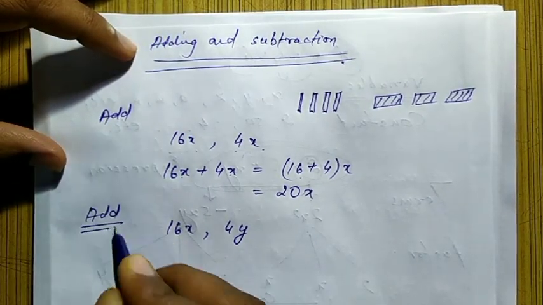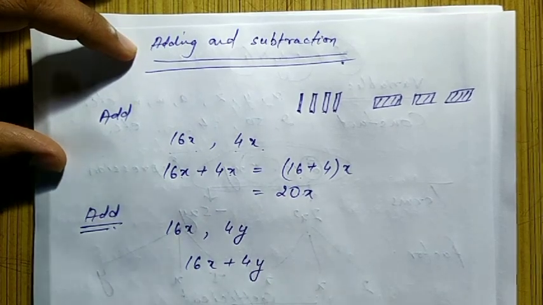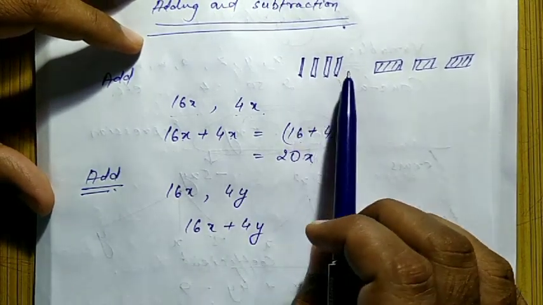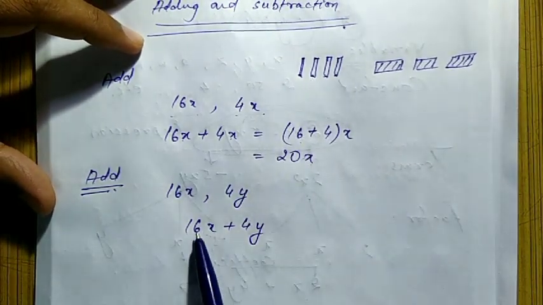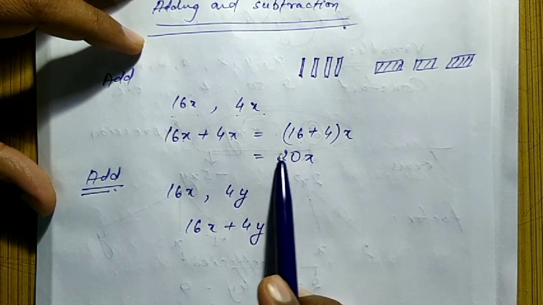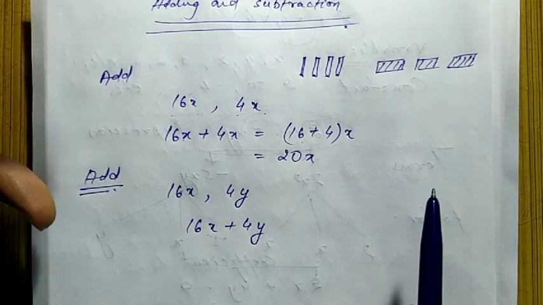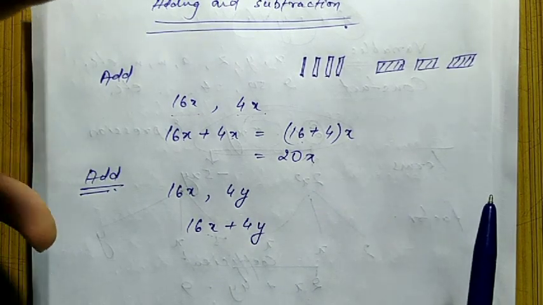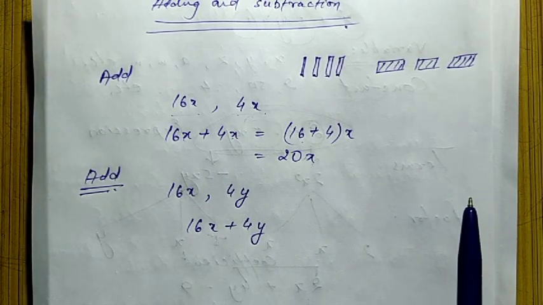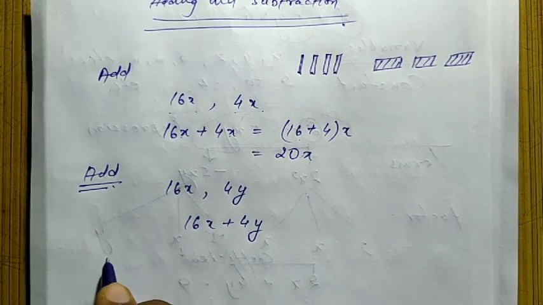You will write 16x plus 4y only. See this example. Like terms will be added, and unlike terms will not be added or subtracted.